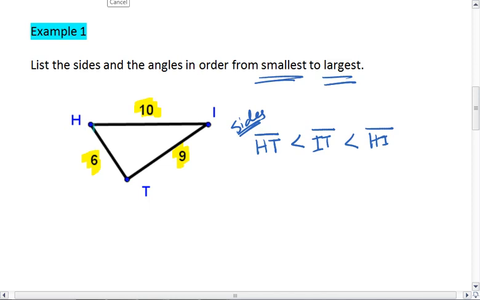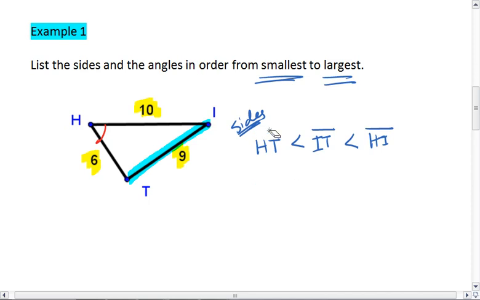For side HT, the opposite angle is angle I, meaning angle I is the smallest. Angle I is going to be smaller than, now we'll look at side IT, which is opposite angle H. So angle H is the middle angle.